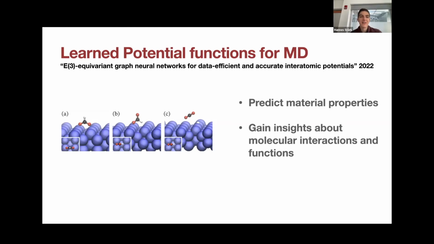I see. Yeah. So here we're talking about potentials, like we can obtain them with DFT, density functional theory calculations, but we're now not obtaining them with these classical, physics-based methods.